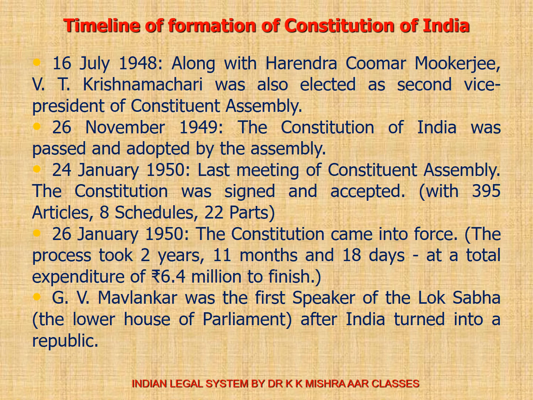The Constitution was signed and accepted with 395 articles, 8 schedules and 22 parts. 26th January 1950, the Constitution came into force. The process took 2 years, 11 months and 18 days at a total expenditure of 6.4 million to finish.